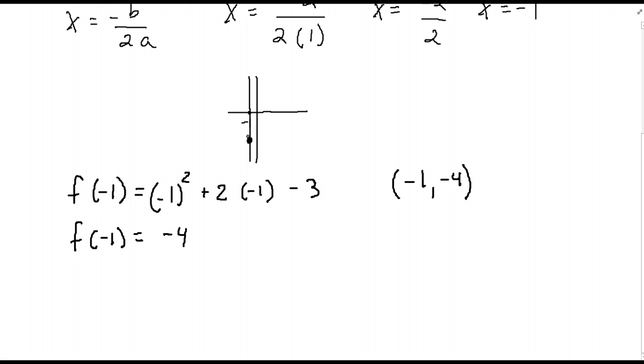Okay, so now we find the y-intercept and its reflection. The y-intercept is where we want our x to be 0 so we can find our y. So again, we put it into our original function. We have f of 0 equals 0 squared plus 2 times 0 minus 3.